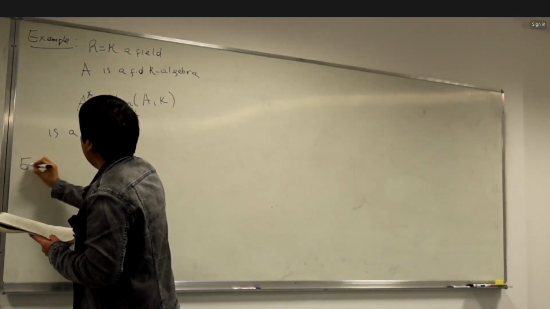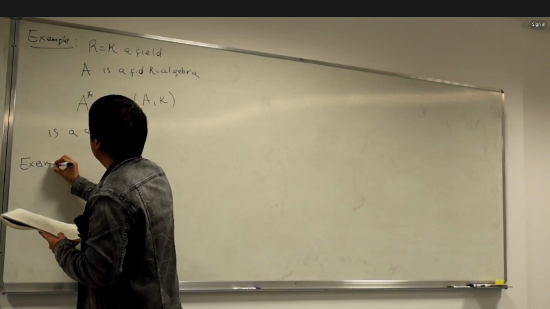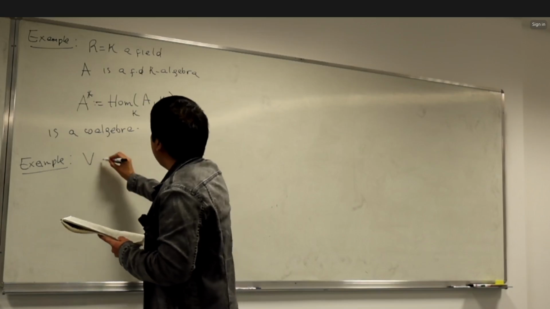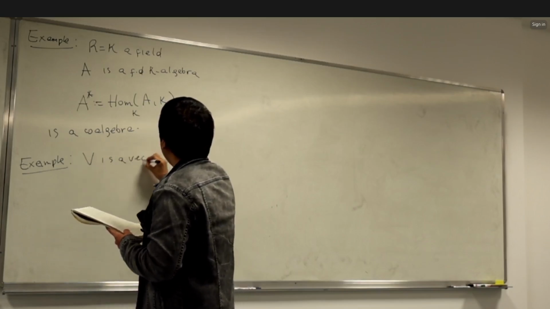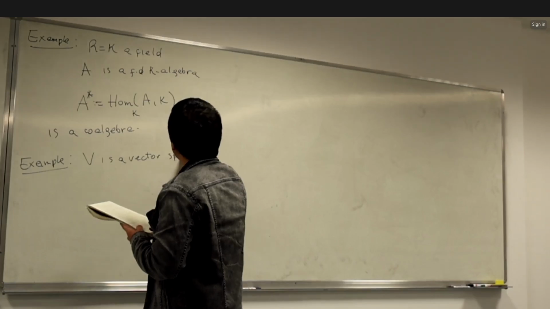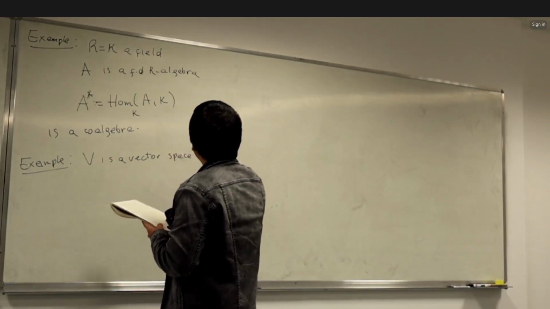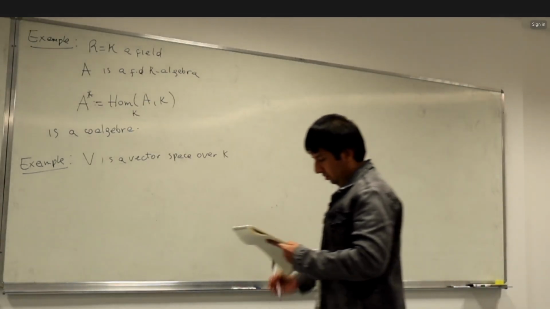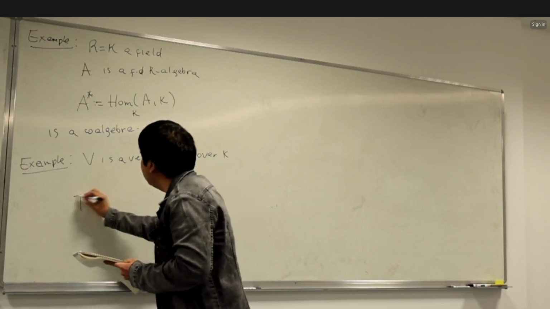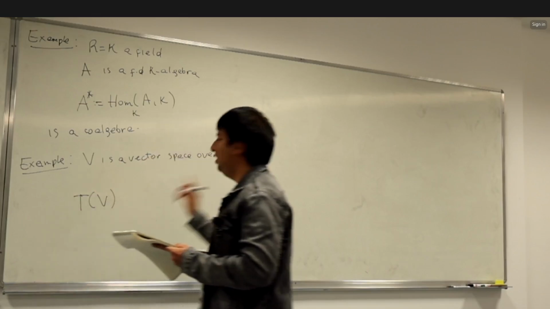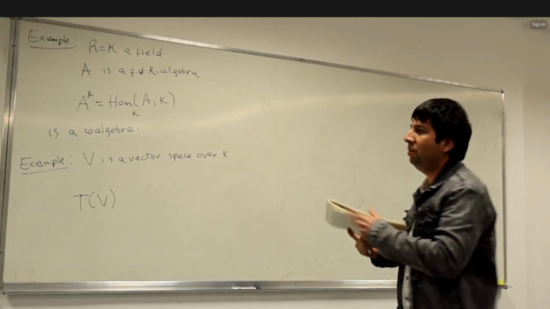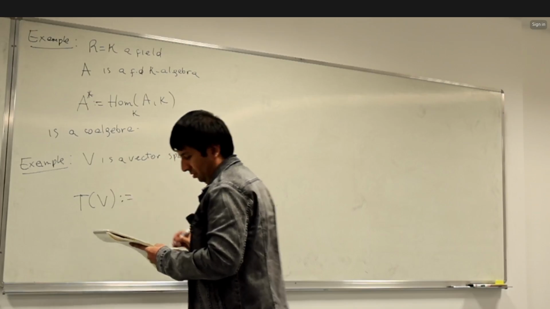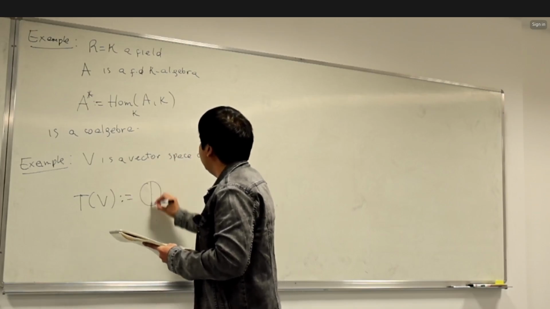Another example of a coalgebra. Let's suppose that B is a vector space over K. We are going to define the tensor algebra, or tensor coalgebra, depending on what part of the structure you are interested in.